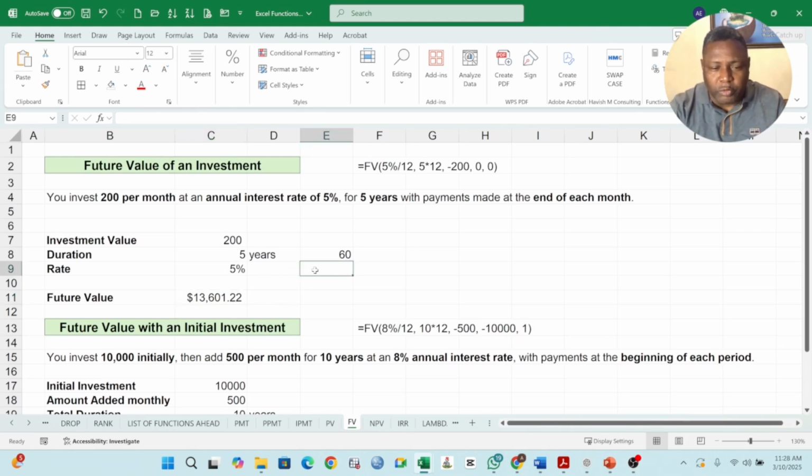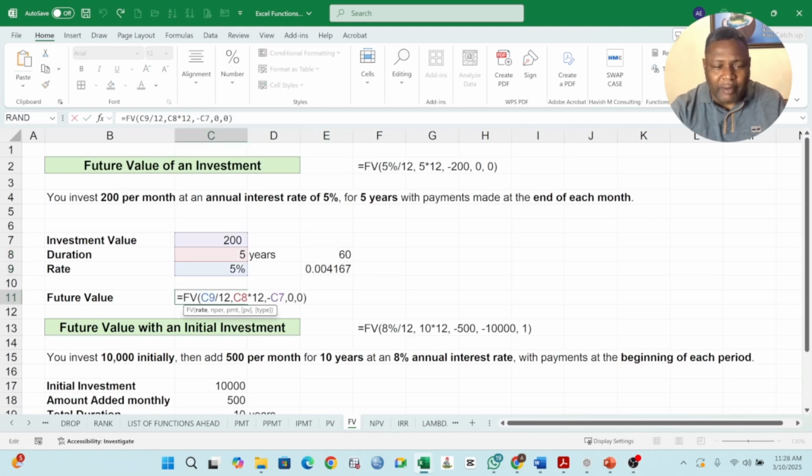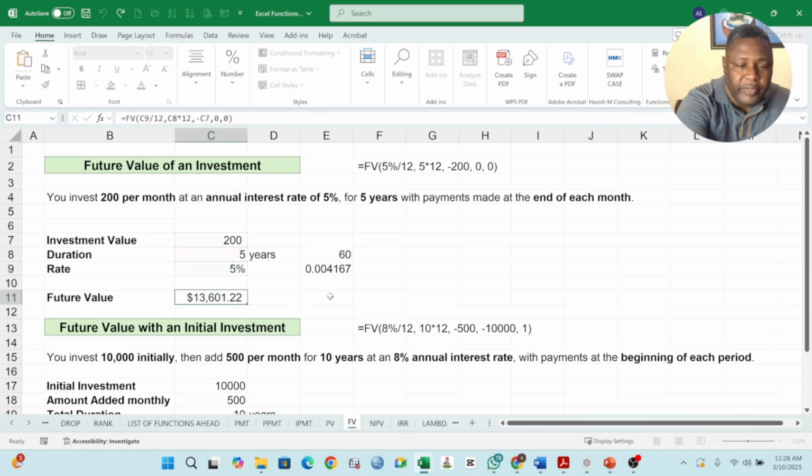And this one too, some people will just do this and then pick this value directly. So this is the rate they are calculating with. This is the monthly rate, and this is the number of months. All right. So that's just to make clear why we have this 12 and 12 here.